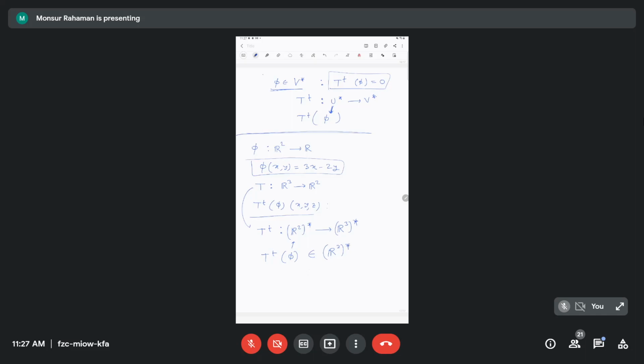It is a function from R3 to R, and it will take three coordinates. That's why it will give a real number, some real number a, b, c. That is what you have to find.